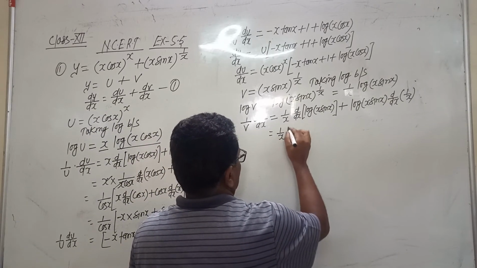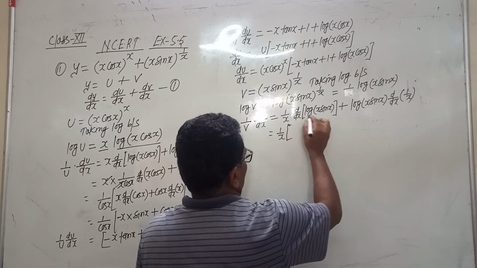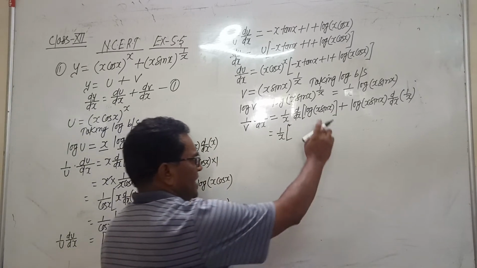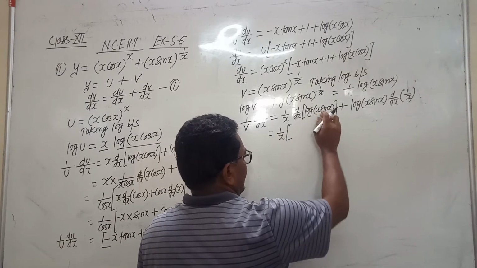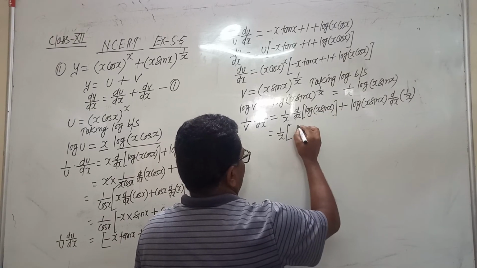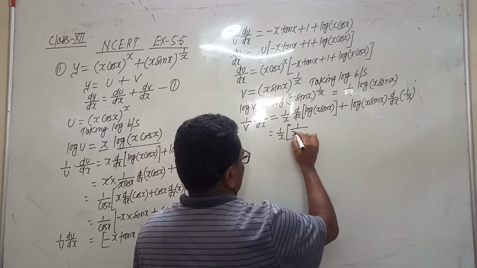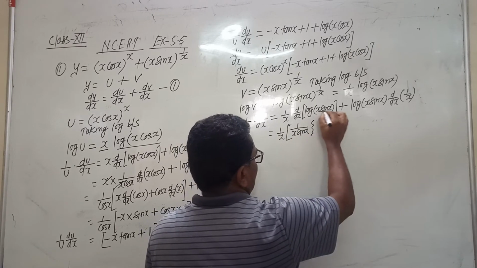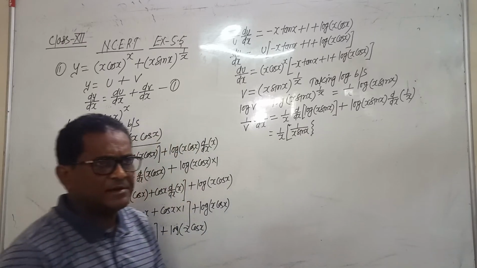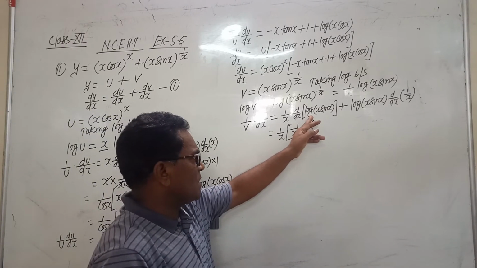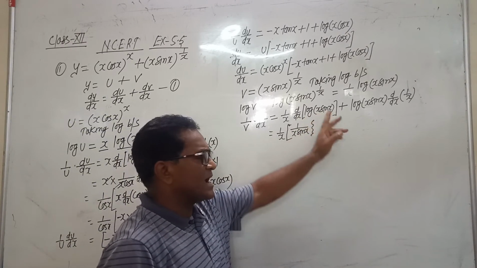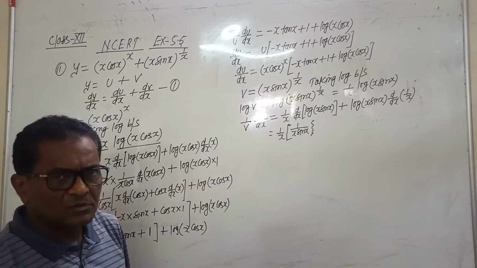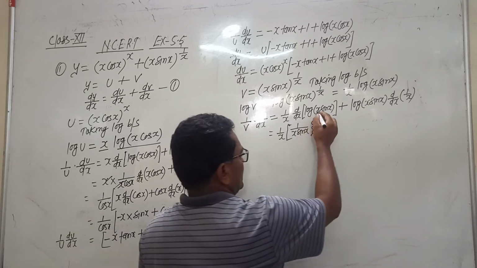So 1 by x and differentiation of log of x sin x. So in the place of x, we have x sin x, so the log of x sin x is written as 1 by x sin x, and this will be differentiated x into sin x. We drop log, and x sin x will be differentiated using the formula u into v.